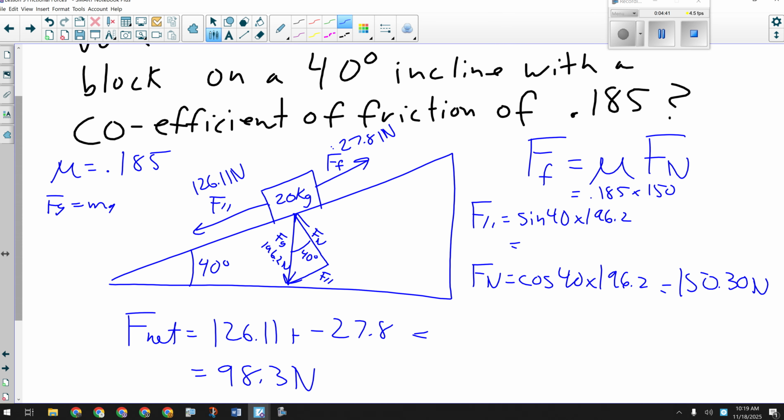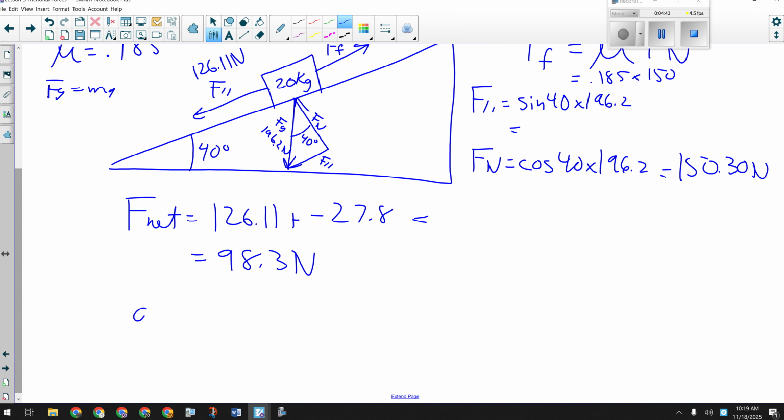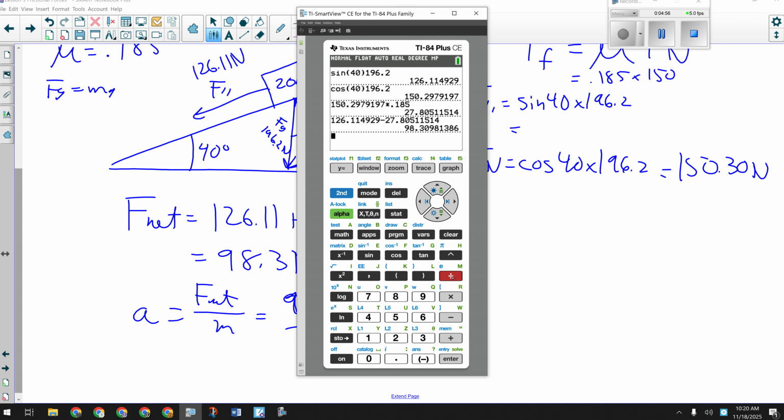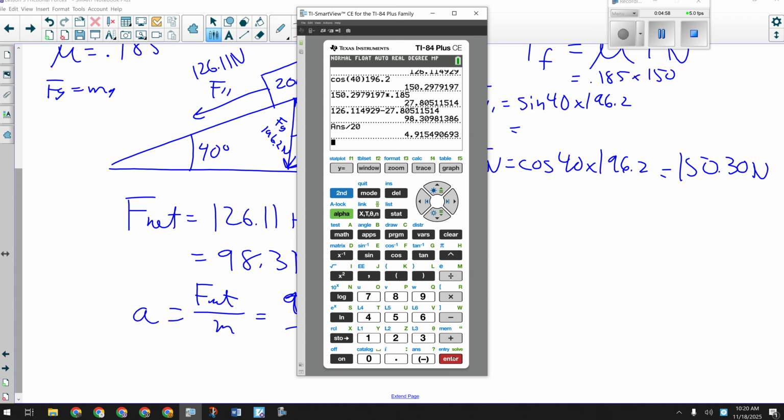Now that I've got that, I can calculate the acceleration of the box. F net over m, 98.3 over 20. So that thing is accelerating at 4.9 meters per second squared down the ramp. Everybody all right with that?